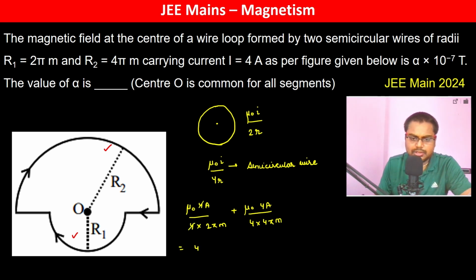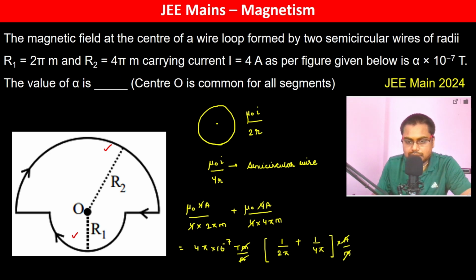So therefore this becomes, so mu naught is 4 pi into 10 to the power minus 7 Tesla meter per ampere, 4 is gone, here also 4 is gone, into 1 by 2 pi plus 1 by 4 pi, and this is ampere per meter, gone.